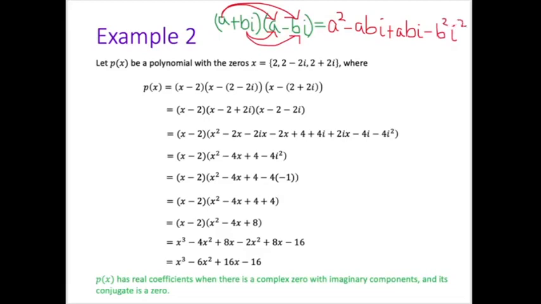When I was mentioning the middle terms canceling, I'm talking about these terms here in the middle. We have a plus and a minus. If you have a positive and a negative of a number and you put them together, you get 0. So those cancel, and I end up with a squared minus b squared i squared. Remember that i squared is equal to -1.